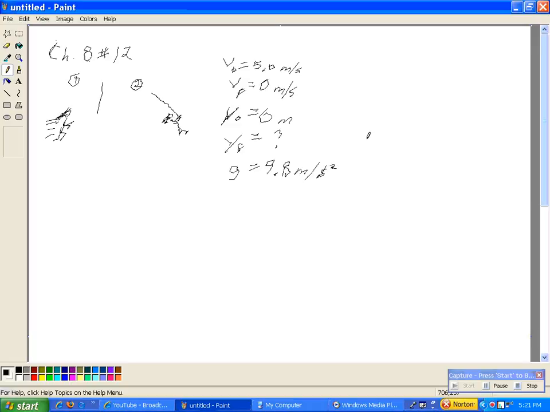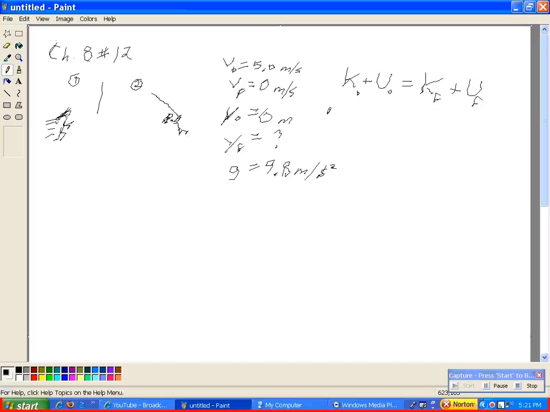Okay, so the formula we can use is a conservation of energy. K initial plus U initial equals K final plus U final.